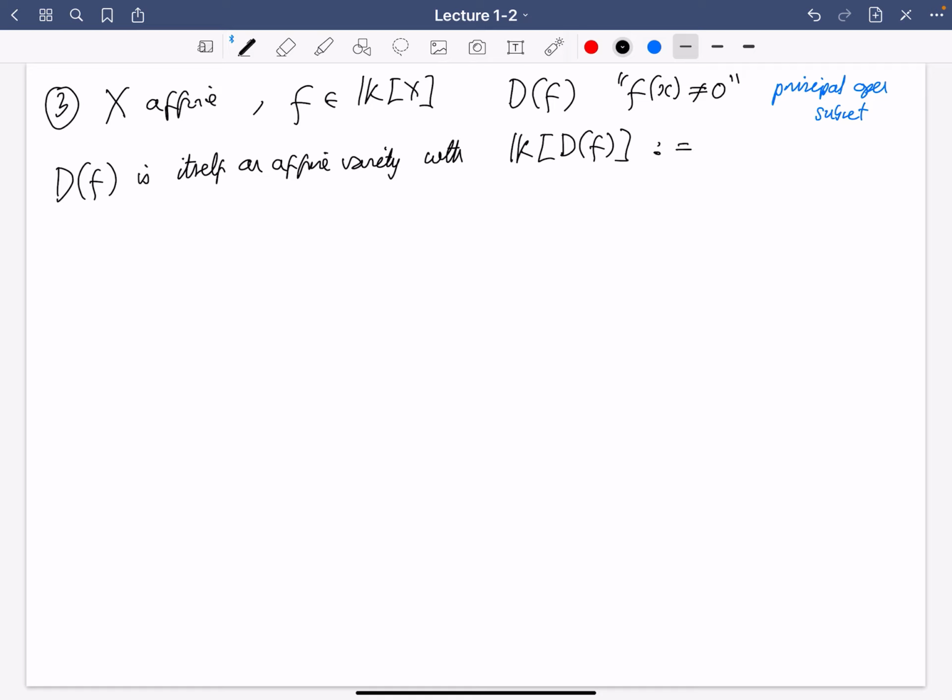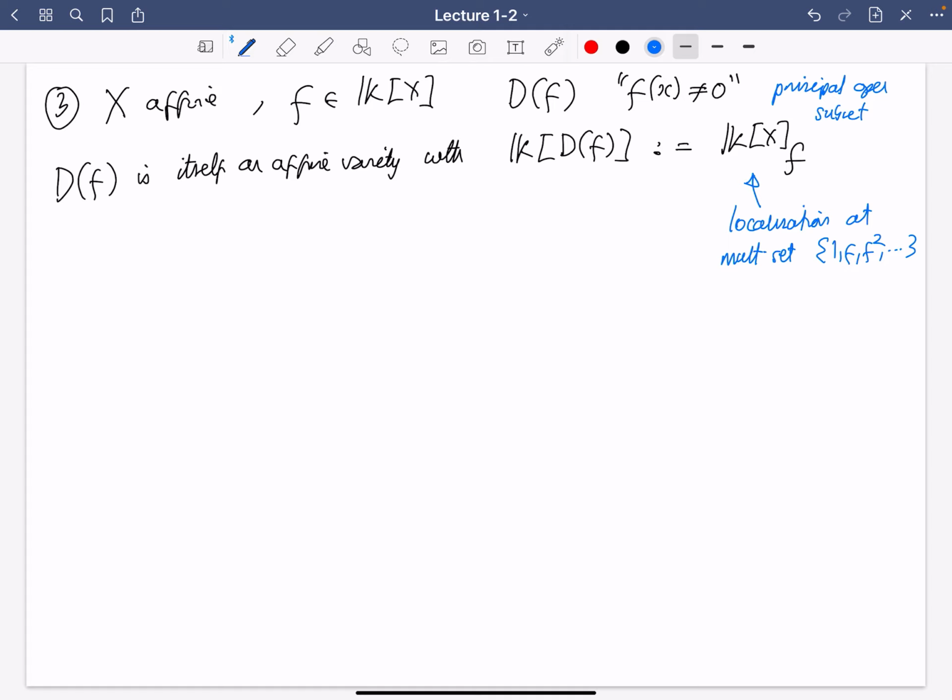The coordinate algebra of D of f, making it into an affine variety, is defined to be the coordinate algebra of X localized at f. So this denotes the localization at the multiplicative set. That's just all the powers of f: 1, f, f squared, and so on.